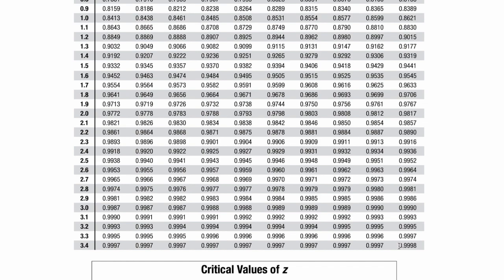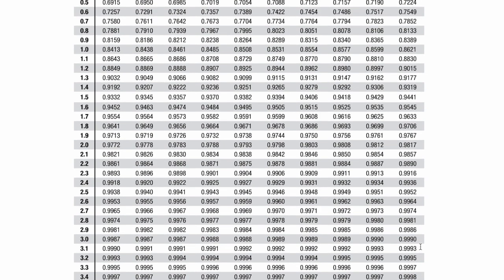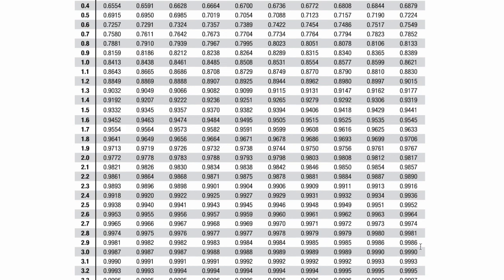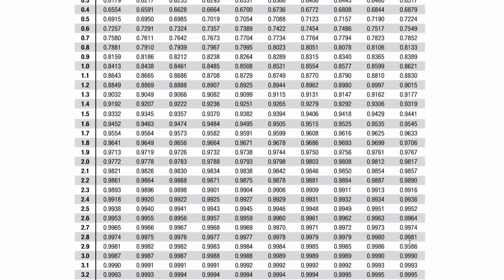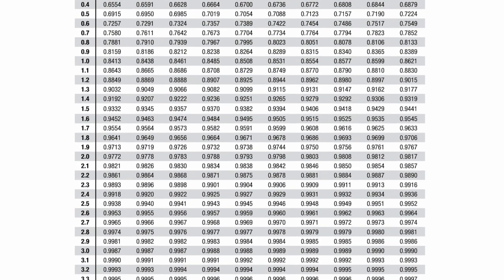The probability for 3.49 is 0.99998. So we don't have the specific value for 4.4 given the table. However, it is so close to 1 that if we round this to 4 places, it's going to end up being 1 anyway if we go past 3.4.